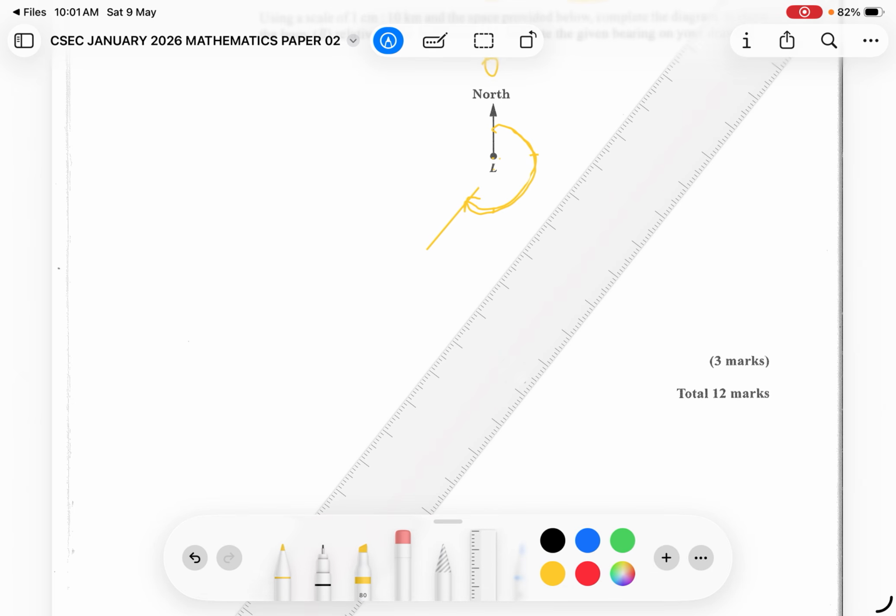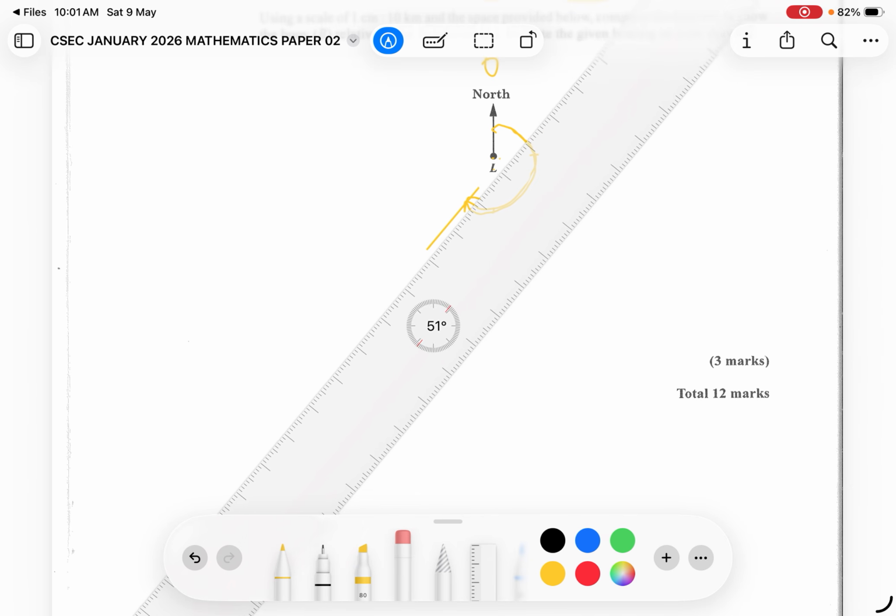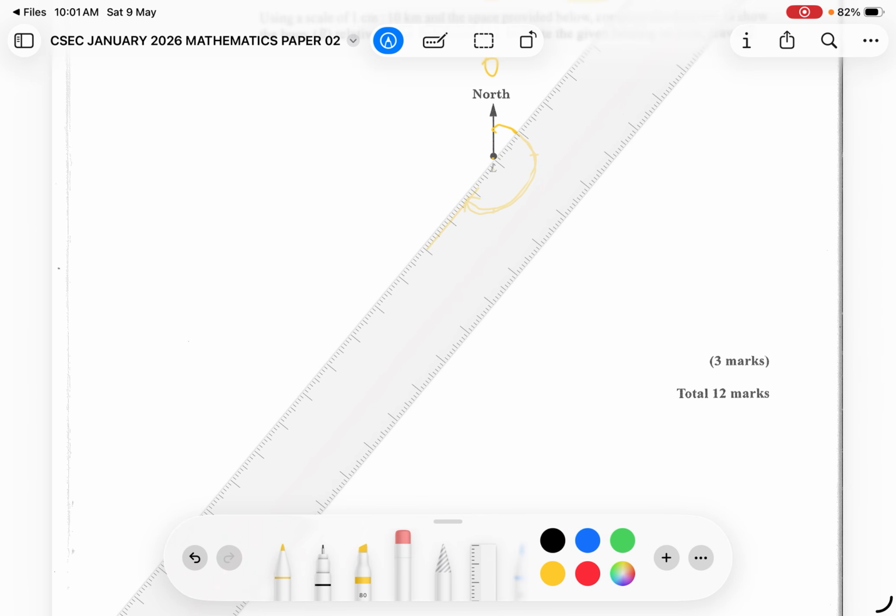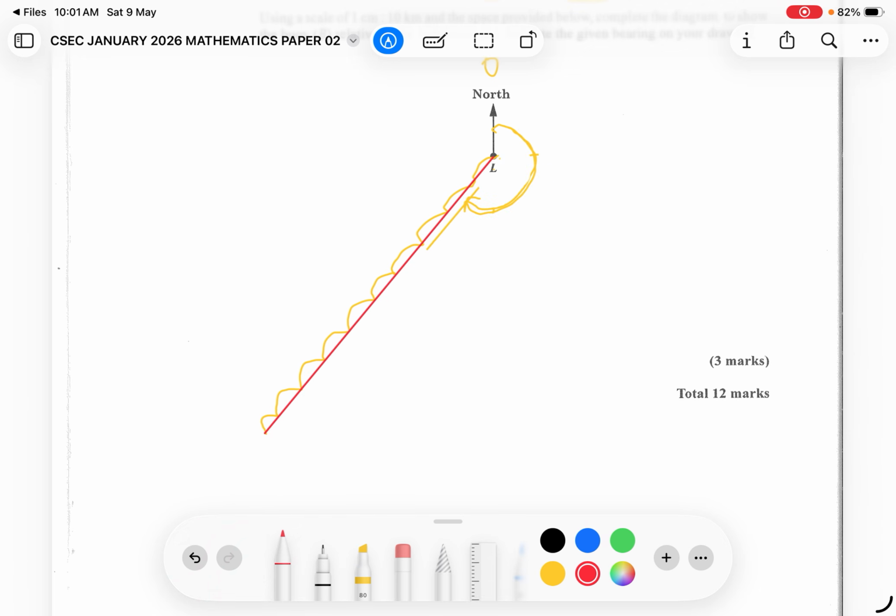All right, putting it back in. 1, 2, 3, 4, 5, 6, 7, 8, 9 and a half. I'll take this now and draw a straight line. So B would be all the way down here. Put down point B, and I'll need to ensure that my angle is correctly included here.